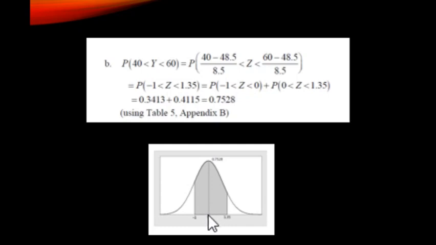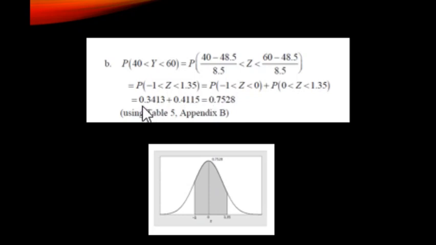From the table, we will look up this area when we locate z of 1.35. That gives this area. And for -1, it will be the same as z equal to 1 because of symmetry. When we locate z equal 1, that gives us this area.